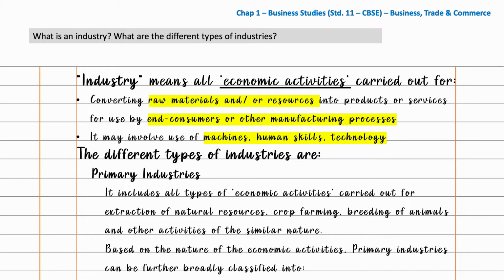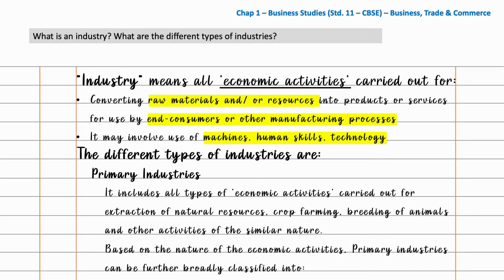Again, just like the earlier video, the definition of industry can be broken into 2 parts. Industry means economic activities. Economic would again mean anything that is related to money. So economic activities which are carried out for converting raw materials and resources into products or services for use by end customers, or not only end customers, but there are times when factories, businesses make services or products which are used by other factories or businesses.